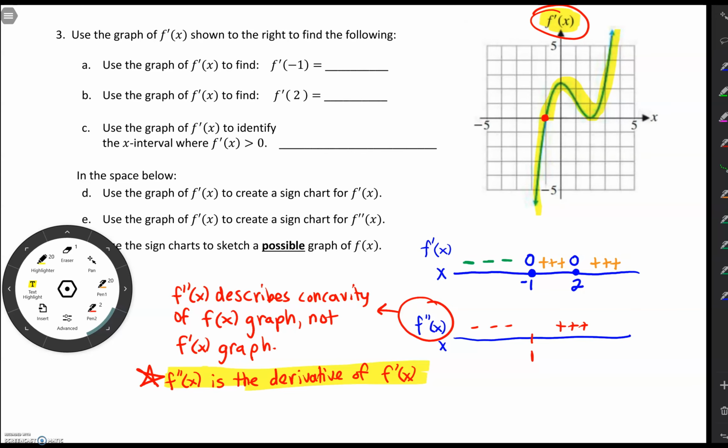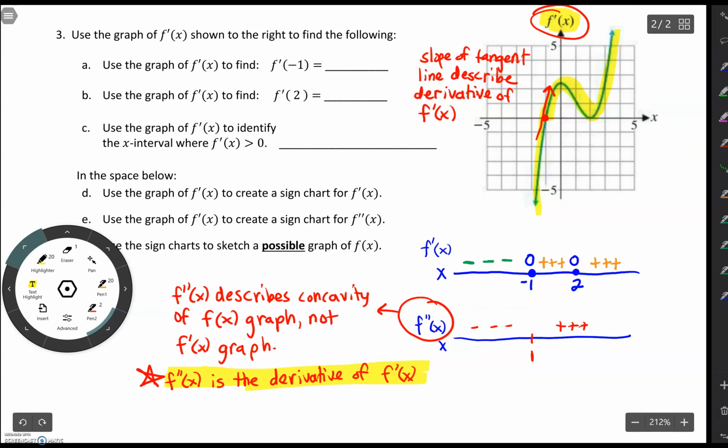We used the limit to shrink the distance between 2 points until it was a single point, and it described the slope of that tangent line. That's what the derivative does. So since we have an f prime graph, the slope of the tangent line is going to describe the derivative of f prime, and the derivative of f prime is the second derivative.